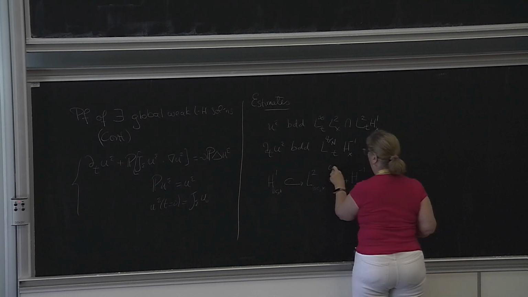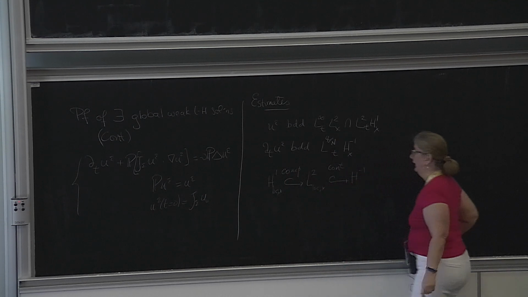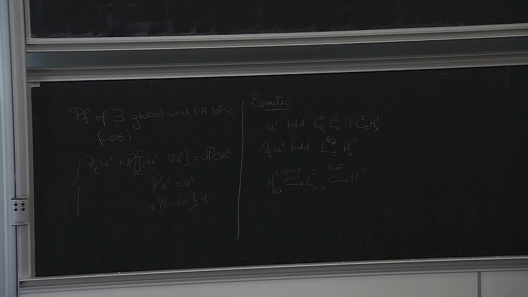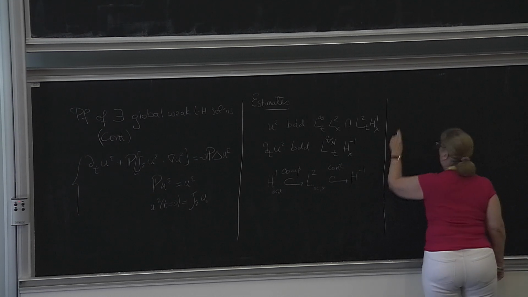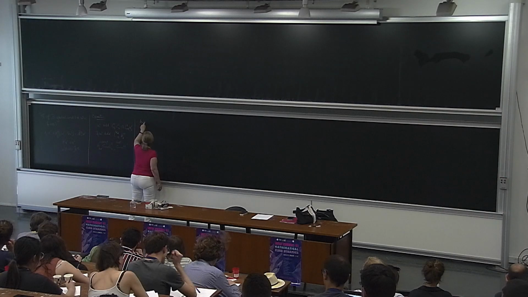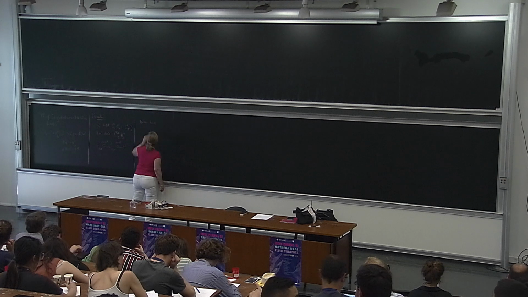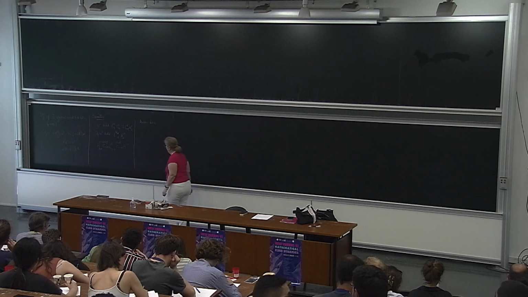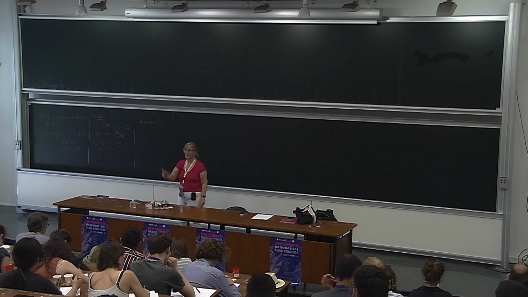Put local here. We have this compact embedding. So this gives us, using the Aubin-Lions lemma, and here I'm using a slightly different version of Aubin-Lions. It's not the same one.